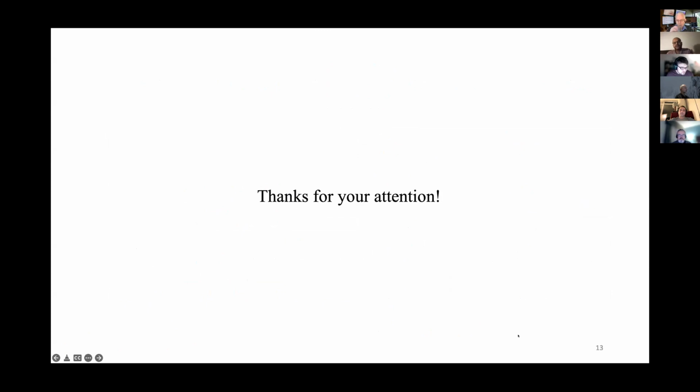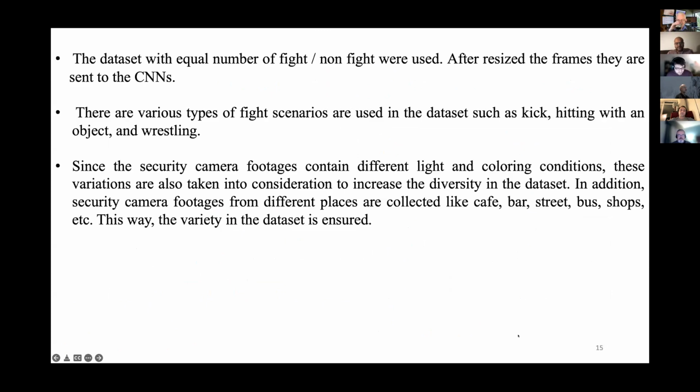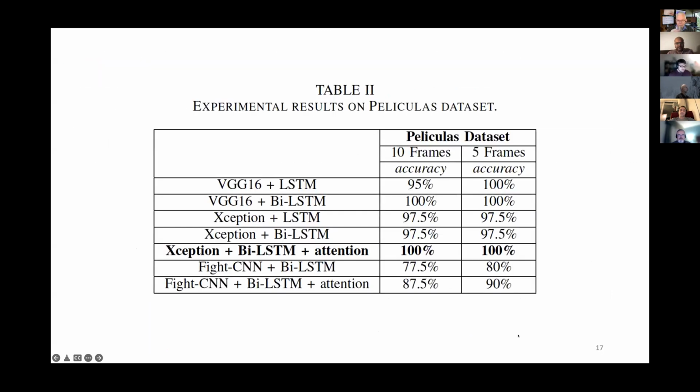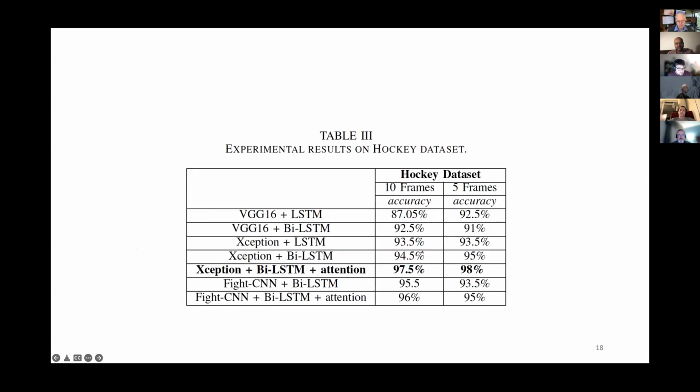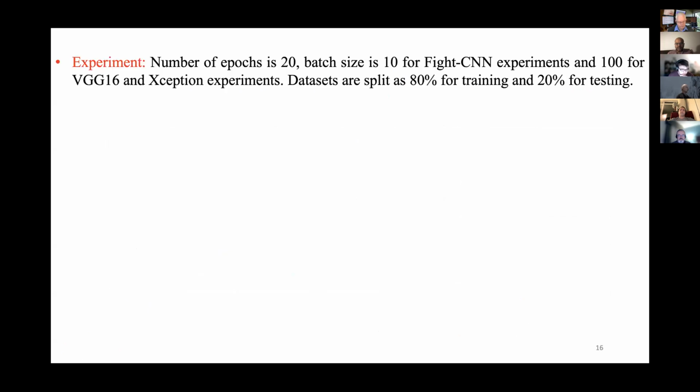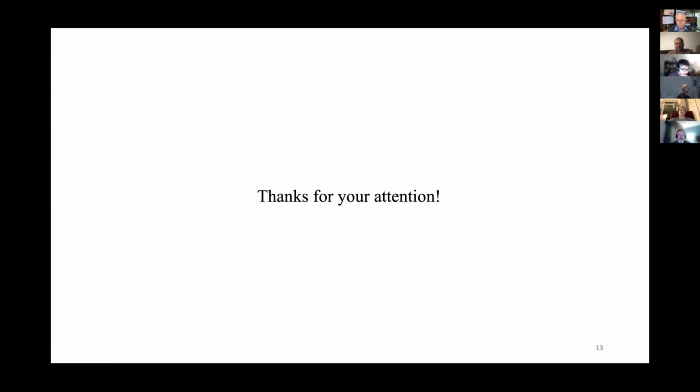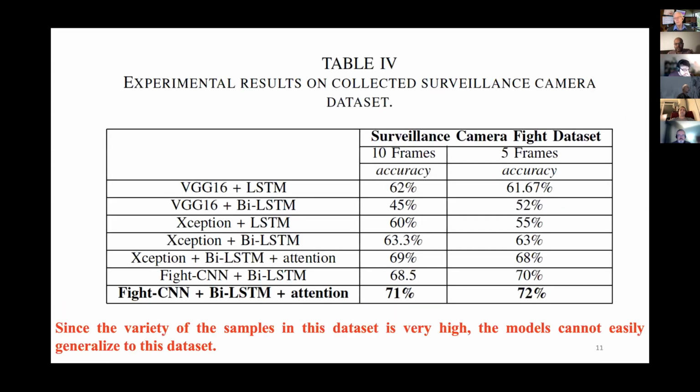Yeah, actually, they tested with some other datasets. For example, with the Peliculas dataset, they got nice accuracy. Similarly, with the hockey dataset, they also got nice accurate results. But when they apply this to the surveillance camera data, it's not working very well.